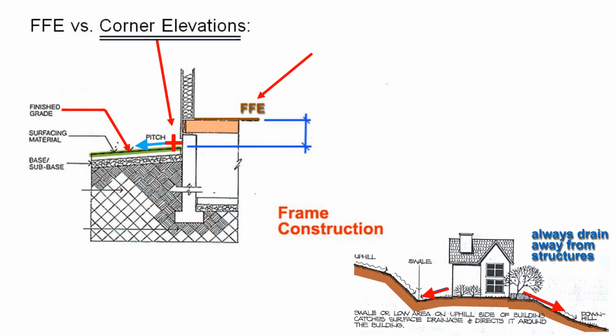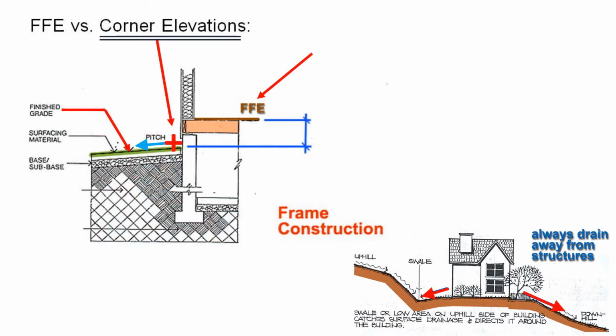Okay? Now, the relationship between the FFE and the corner elevations depend on the type of construction. We have here an example of a wood-framed building, indicated by frame construction here on the slide. This type is the type we use for this exercise.